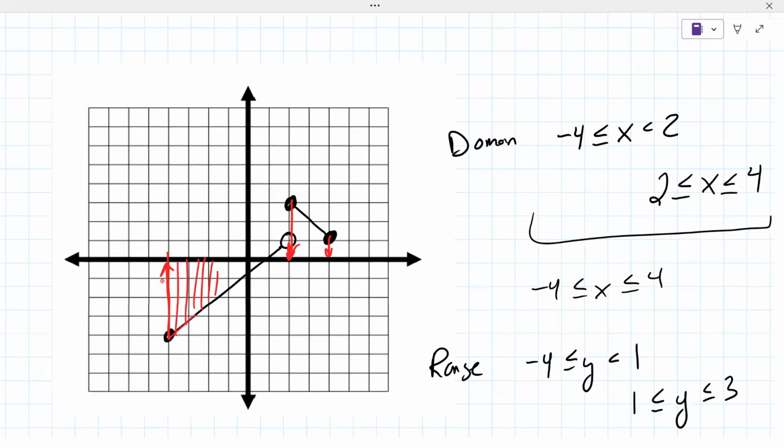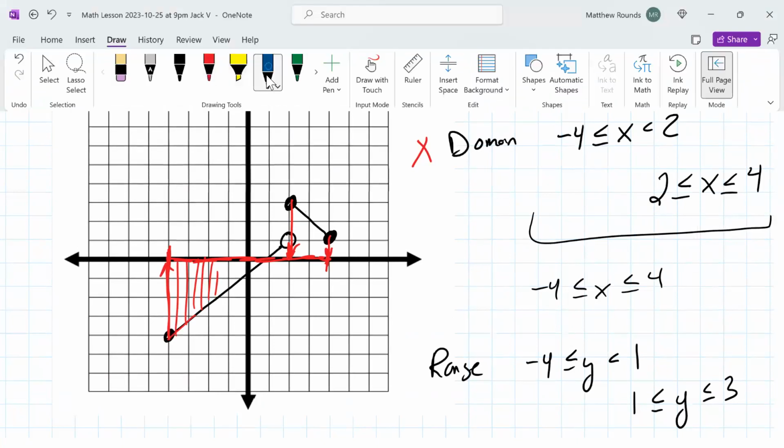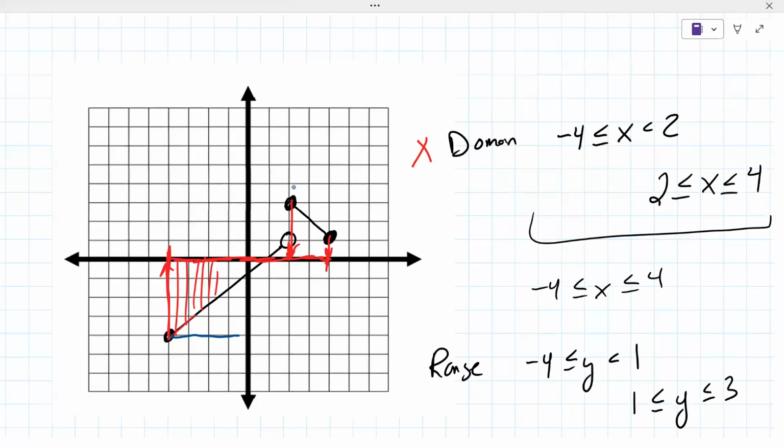So you can see that it fully saturates this line there for the x. And then for the range, it's on the y-axis. So this point goes to the right, this one goes to the left. And you can see that all of these lines here saturate this y-axis between those two values.